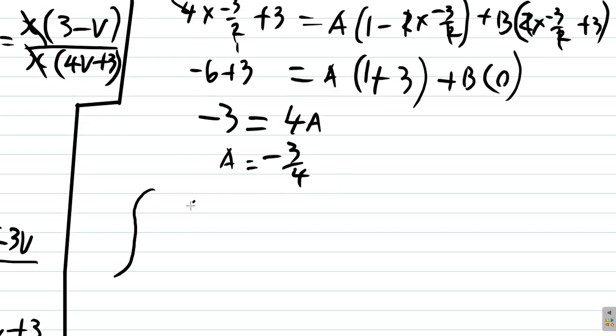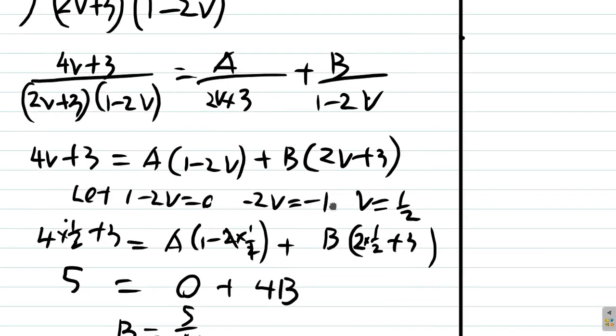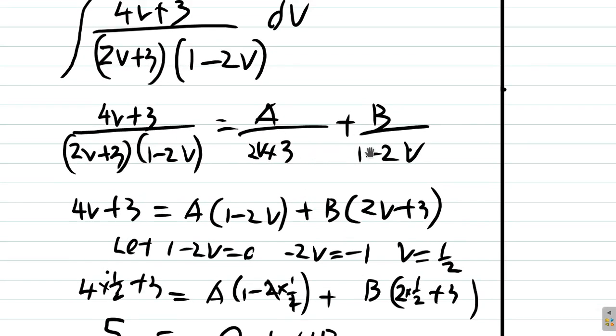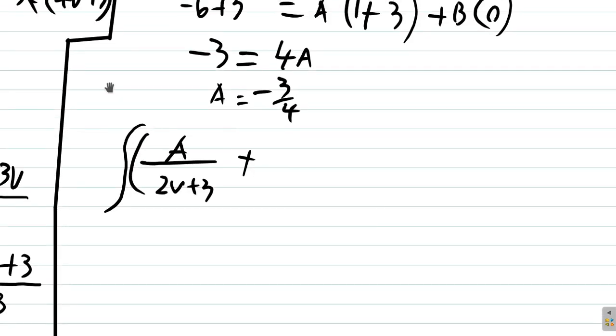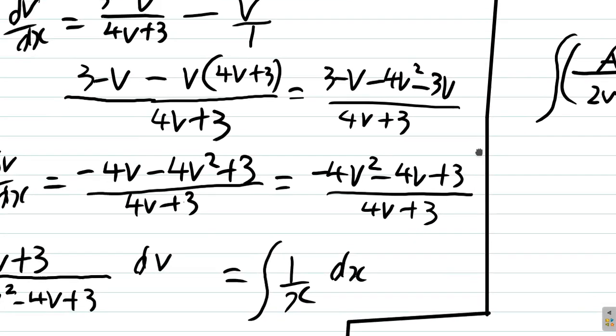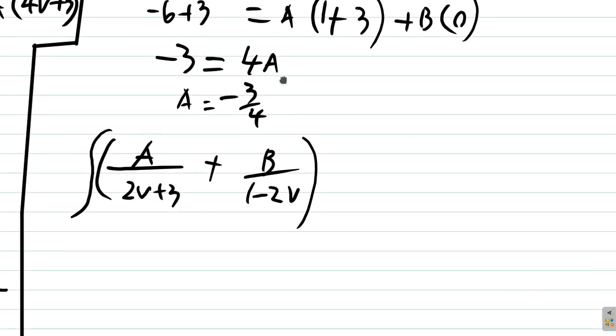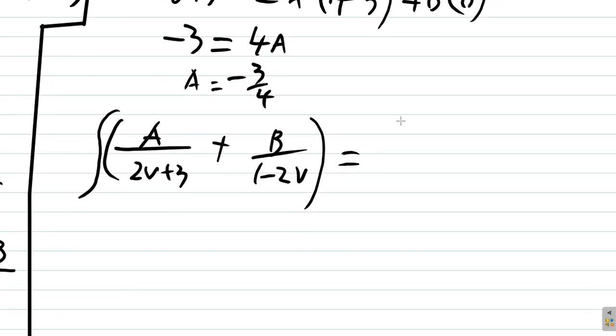So we have this is the integral of a over 2v plus 3 plus b over 1 minus 2v, right? b over 1 minus 2v, and that is equal to the integral of 1 over x dx.